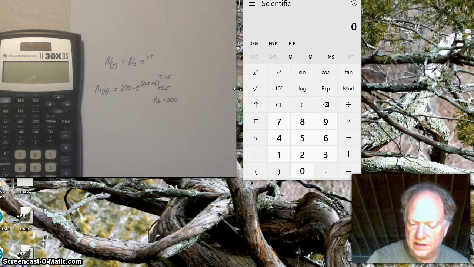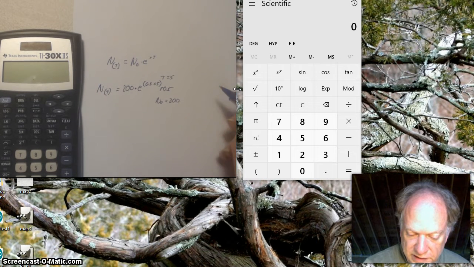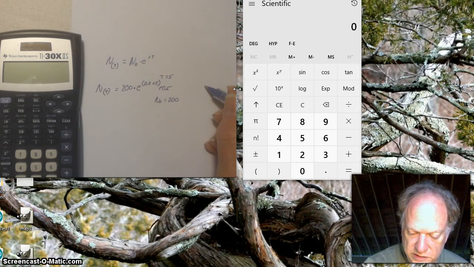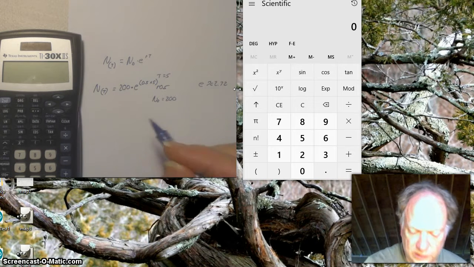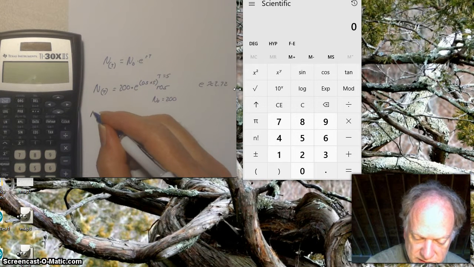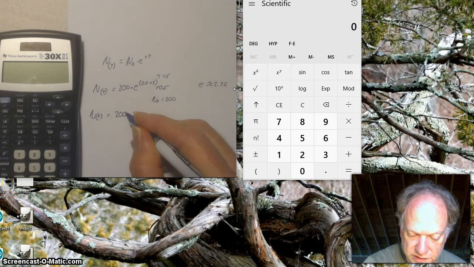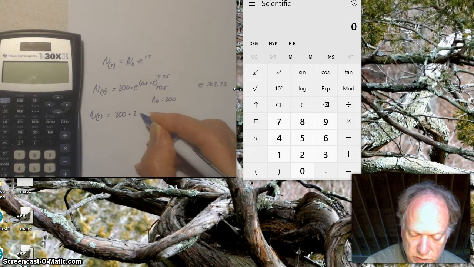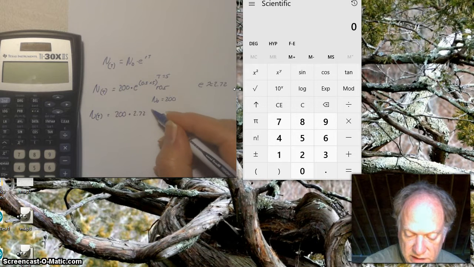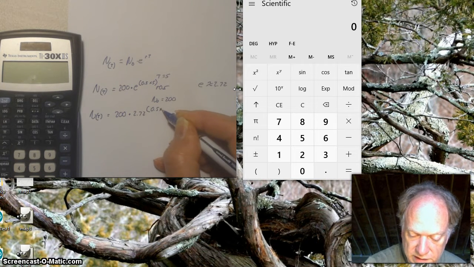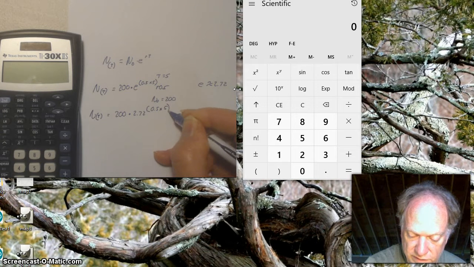And keep in mind that if you don't have a calculator with e on it, we're going to substitute e is roughly equal to 2.72. So we could do 200, our starting population, times 2.72, if you don't have the e key, raised to 0.5 times 5 for 5 years.